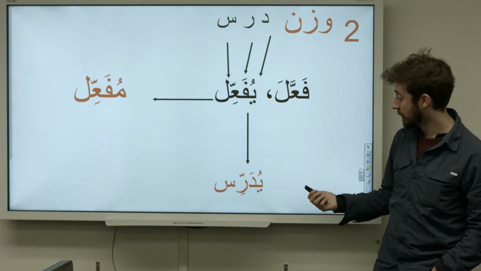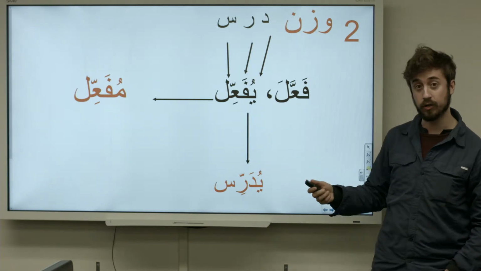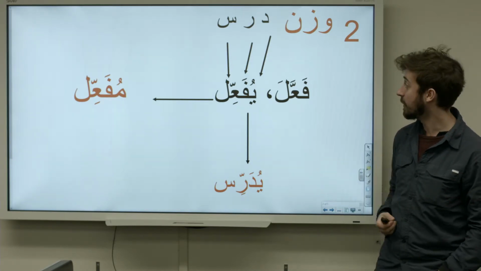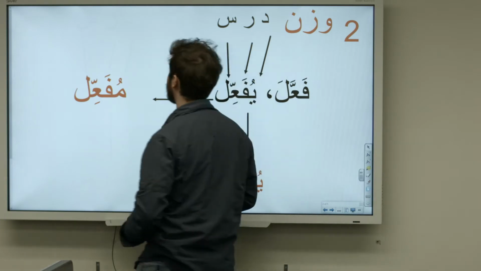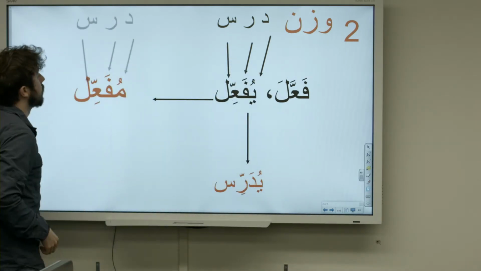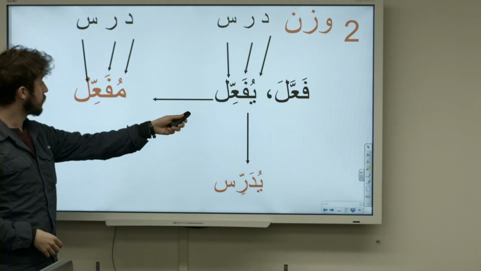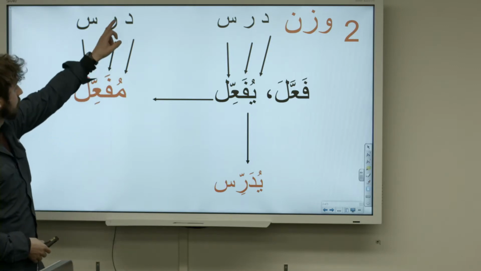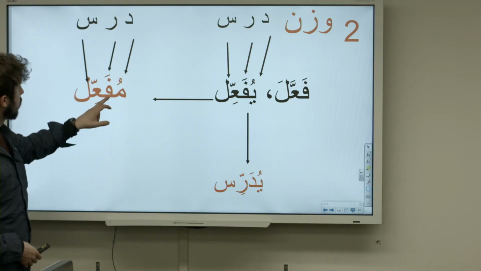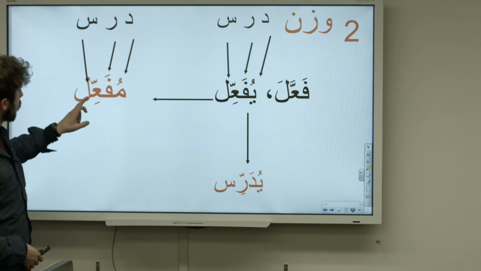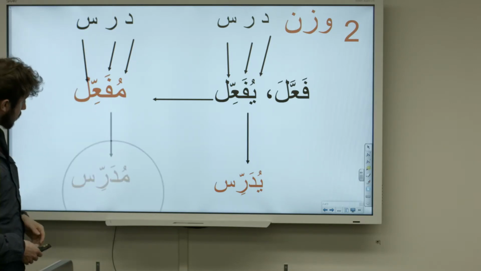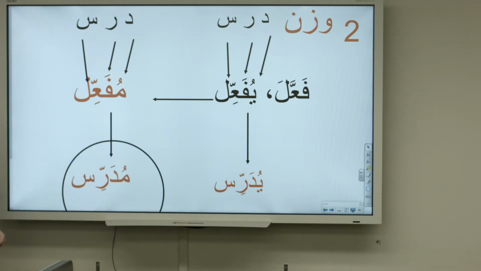But how do we go from the verb to teach to the one who teaches, the ism fa'il? Basically, you put the same root into pattern 2's ism fa'il pattern, which remember is mufa'il. We put the da here, the ra where the ayn is, and the sin where the lam is, and this gives us mudarris.